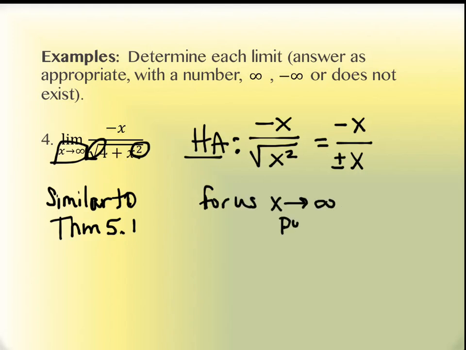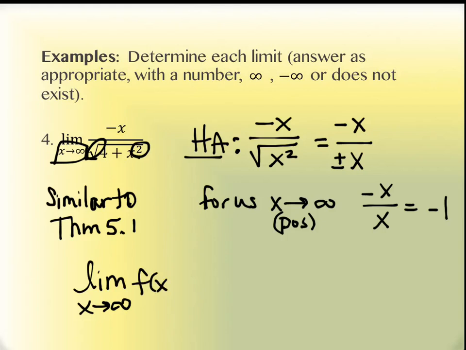These are positive values. So we're dealing with basically having negative x over x. Our x value in the denominator is a positive value. So this gives us a, what number? It's -1, indeed.